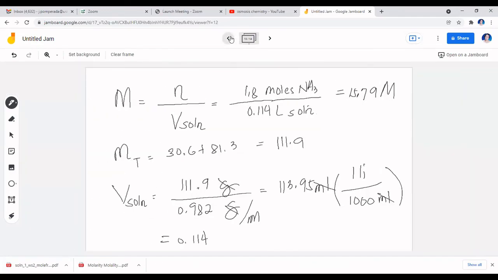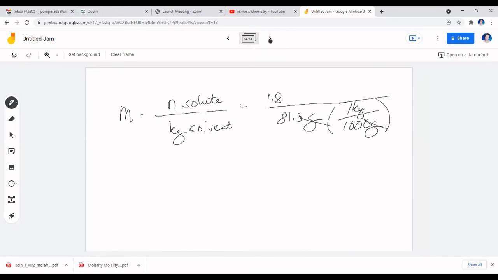Let me just go back if it's 81.3. Okay. So we have a molality of 22.14 mole ammonia per kilogram water.